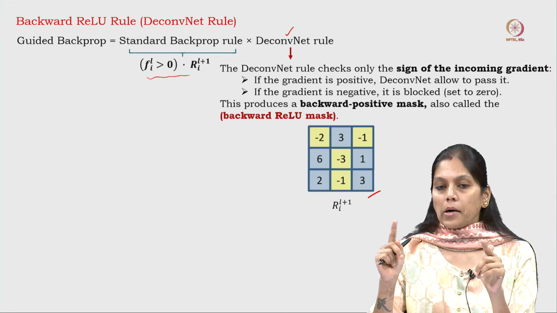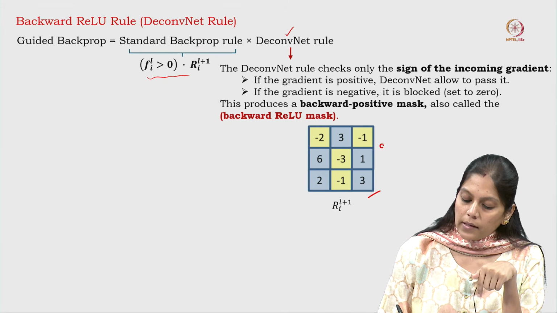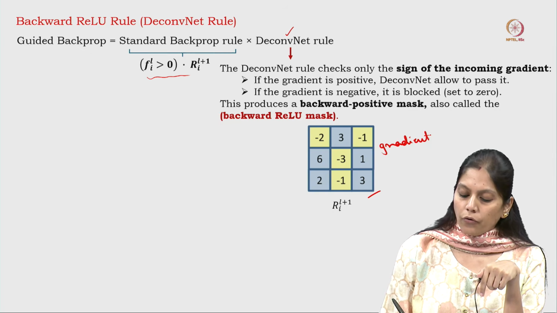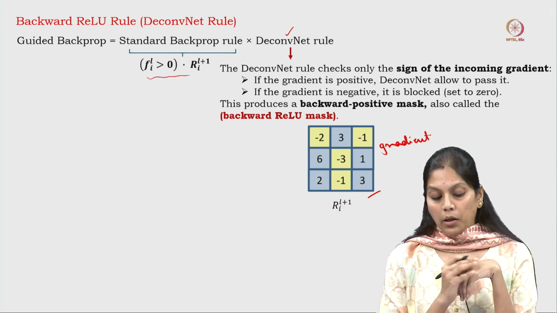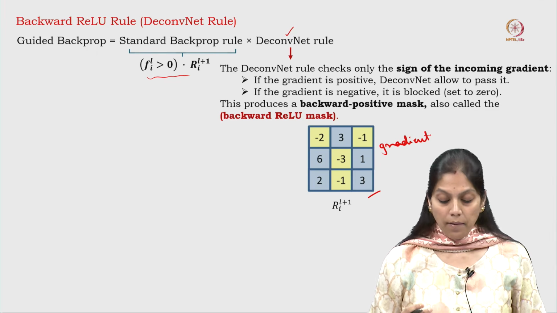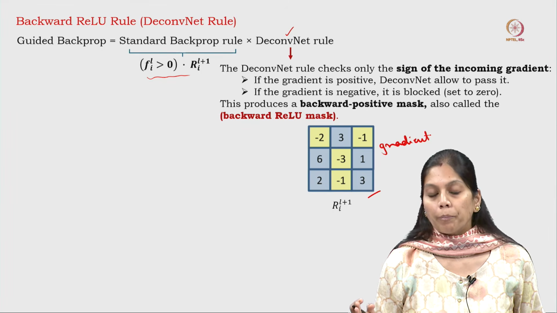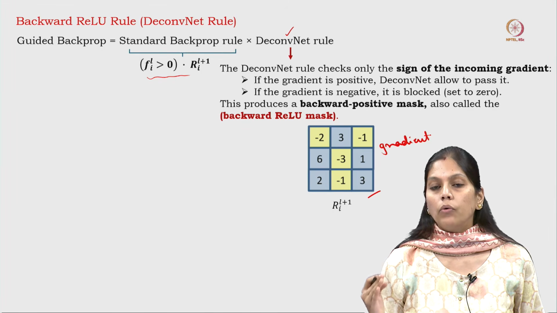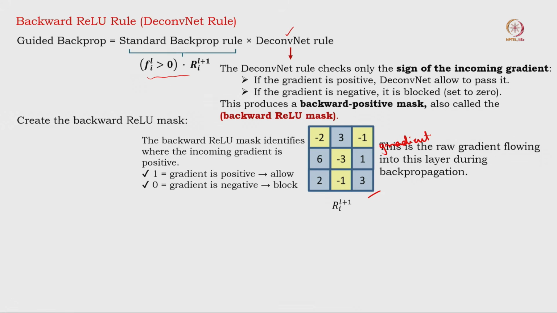The same concept is applied here. What we have obtained is the gradient, with a few positives and a few negatives. The deconvolutional rule says wherever there is a negative, don't pass it, make it 0. Wherever there is a positive, only allow those.